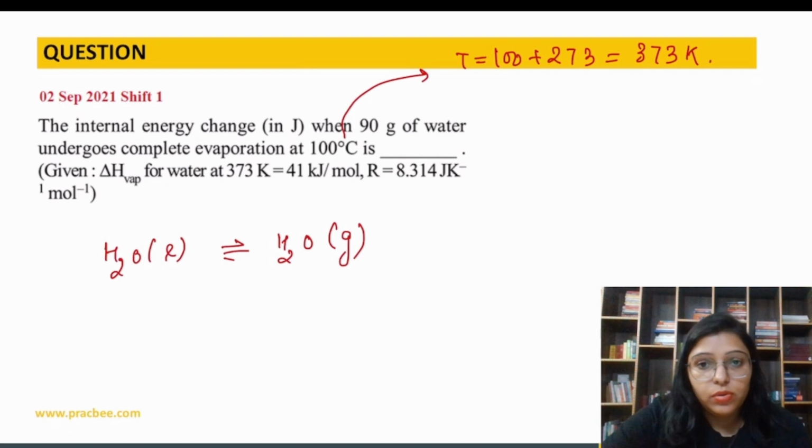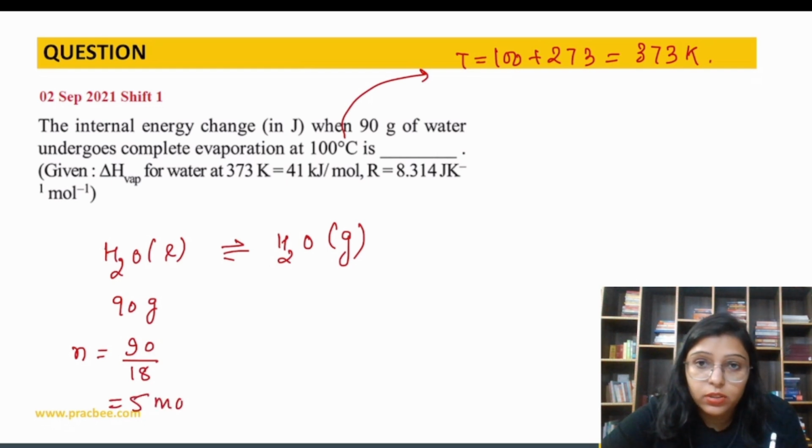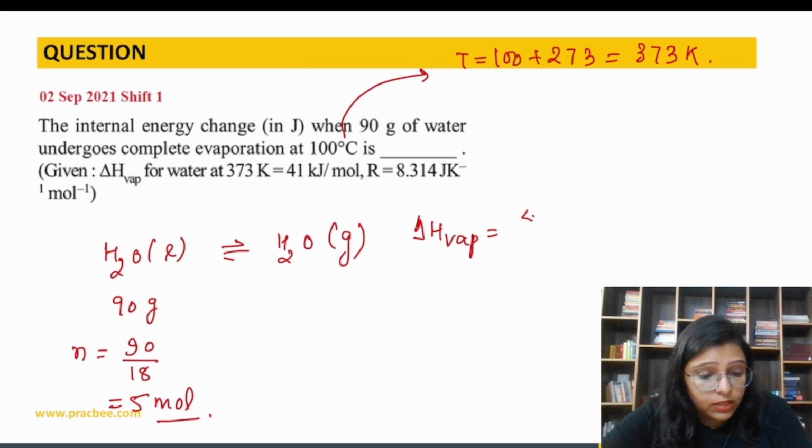Okay, so how to solve this? 90 gram of water, so 90 gram water means number of moles is 90 upon 18, which is equal to 5 mole, and delta H for this is given, that is 41 kilojoule per mole.